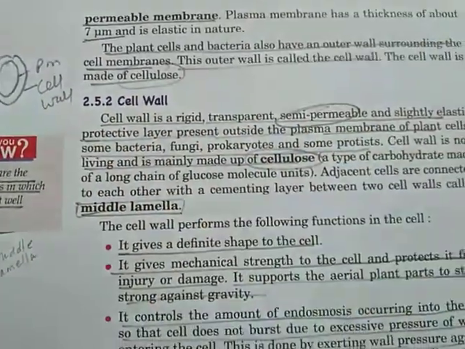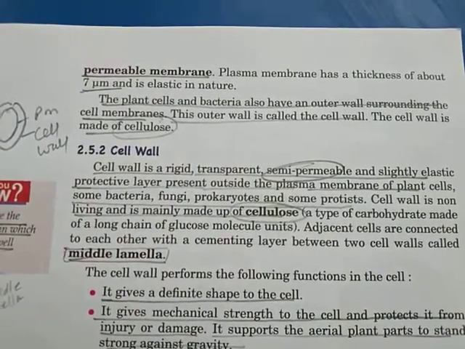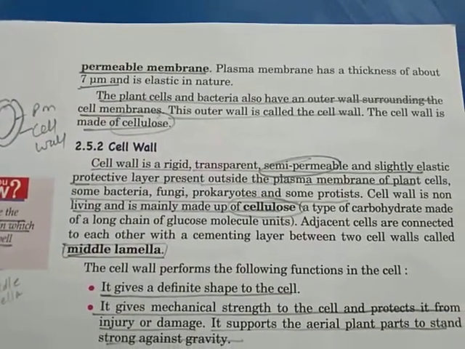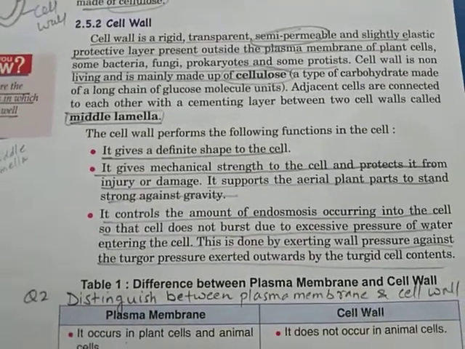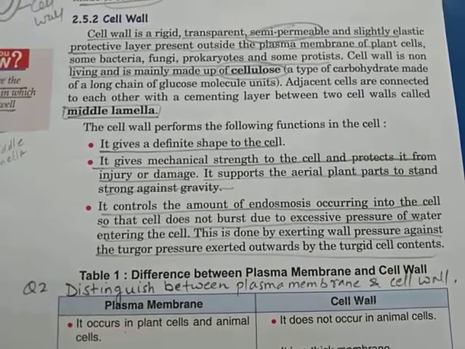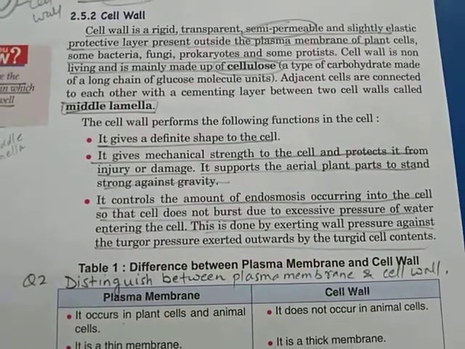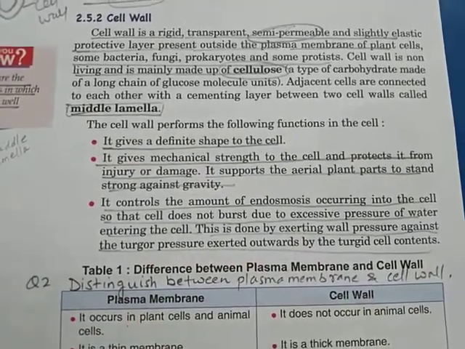So outside of this plasma membrane, one additional layer is present which is known as cell wall. As compared to this plasma membrane, cell wall is not found in animal cell. Cell wall is absent in animal cell.